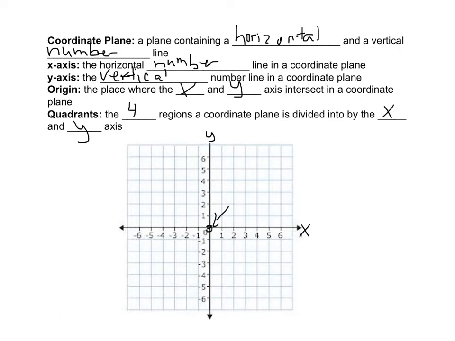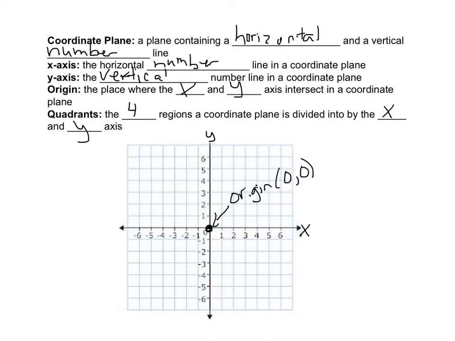This point right here where the two meet is the origin. It is designated by the ordered pair zero, zero.